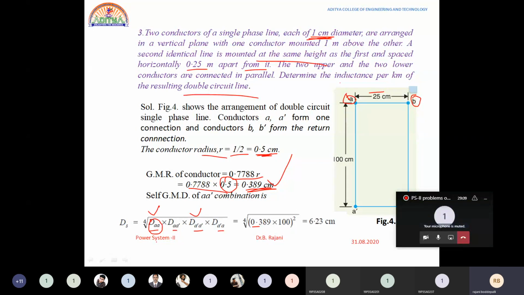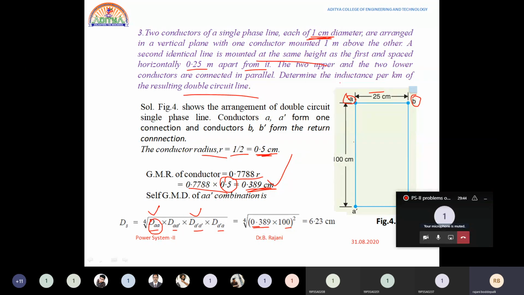Now we are calculating for one conductor A only. So A dash and A dash A is also at a distance of 100 centimeters. So 2 times we have 100 centimeters and 2 times we have 0.389. Why do we have 2 times here? Because for DAA and DA dash A dash the self GMR is this value 0.7788 R, and 100 is the value for DAA dash and A dash A, from the diagram.